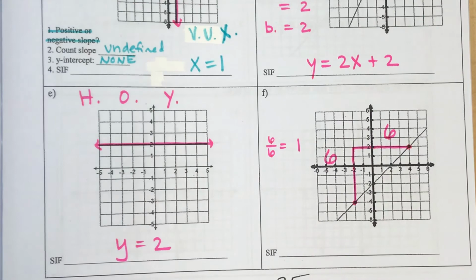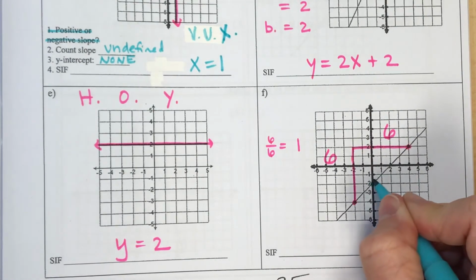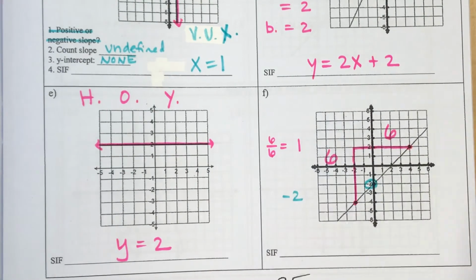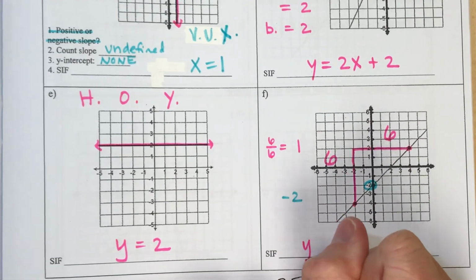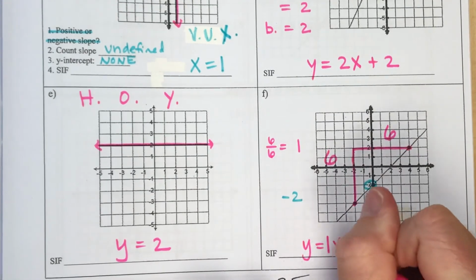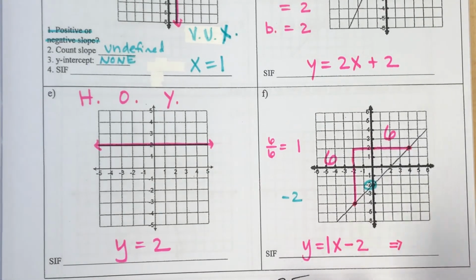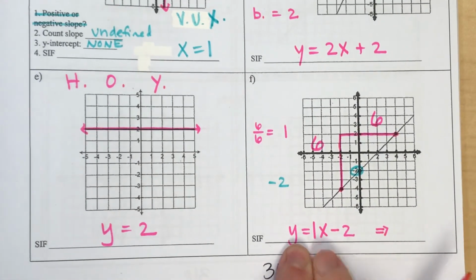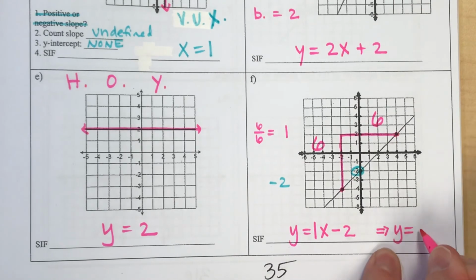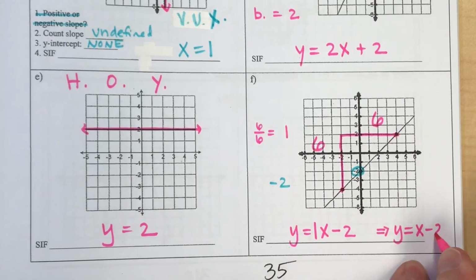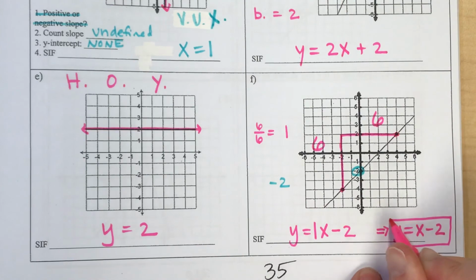And the y-intercept here, I can see my graph crossed at negative 2. So if I put those together, y is equal to 1x and a y-intercept of negative 2, we could simplify that because you don't really need to write 1x. We could just write y equals x minus 2. And this would be the best way to write that equation.